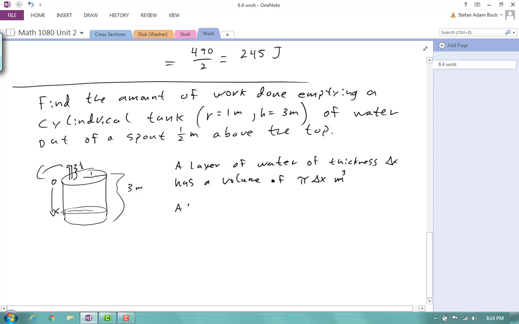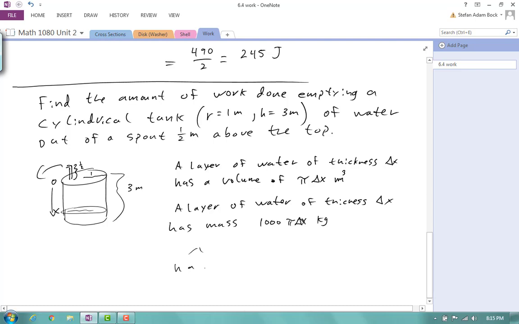So a layer of water has mass 1,000 times pi times delta x, and that is kilograms per meter cubed times meters cubed, so this is just kilograms.